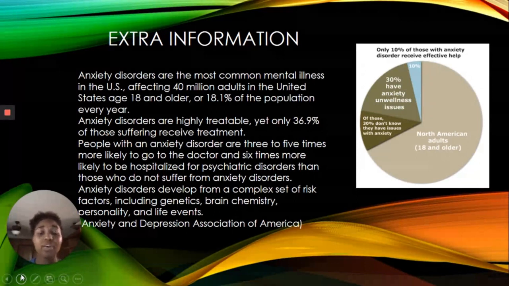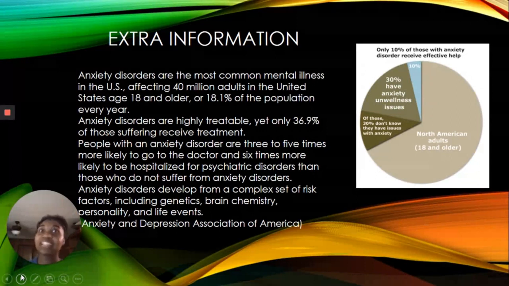Anxiety disorders are highly treatable, yet only 36.9% of those suffering receive treatment. People with anxiety disorders are 3 to 5 times more likely to go to the doctor and 6 times more likely to be hospitalized for psychiatric disorders than those who do not suffer from anxiety disorders. Anxiety disorders develop from a complex set of risk factors, including genetics, brain chemistry, personality, and life events.